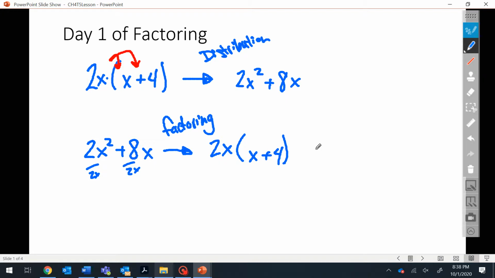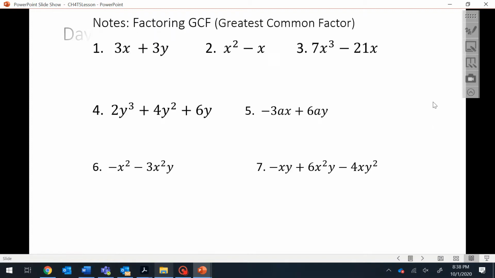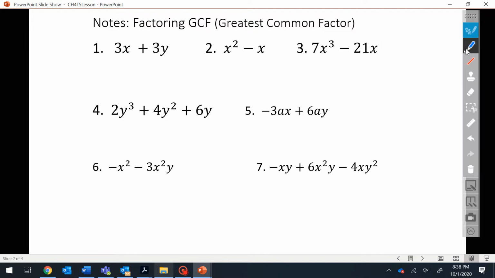Alright, and that's what we're going to be looking at today, is how to factor. Now, the gist of it is division, looking for the greatest common divisor that goes into both of them.